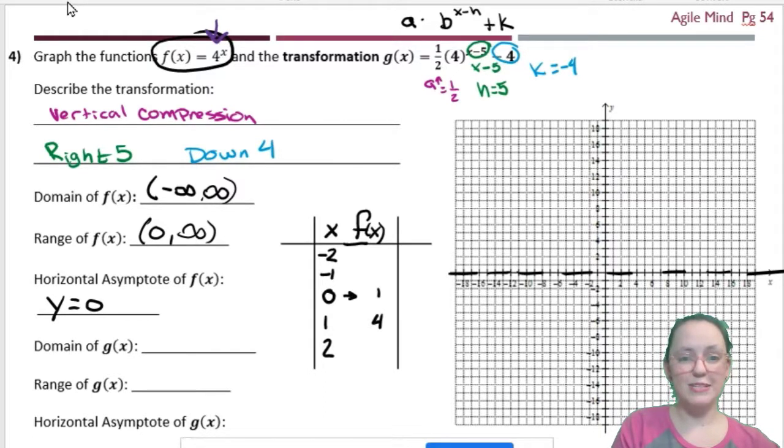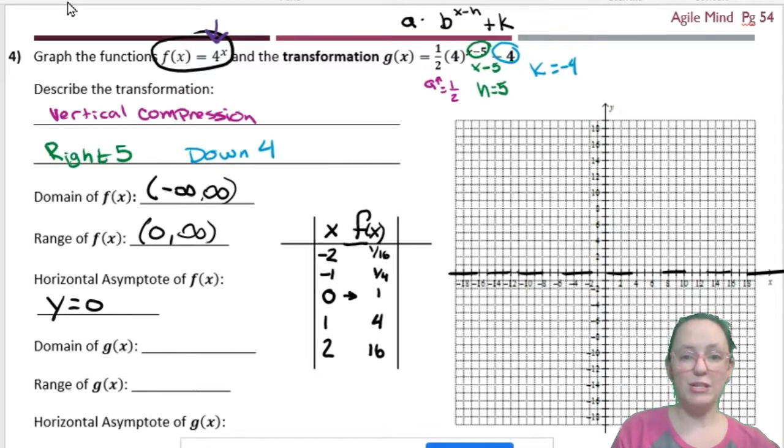And 4 to the second, 4 squared, that's going to give us 16. When we look at those negatives, remember that that makes it our reciprocal. That flips it upside down. 4 to the negative 1, that's 1 over 4 to the first, 1/4. Our 4 to the negative 2, that's 1 over 4 squared, or 1 over 16.